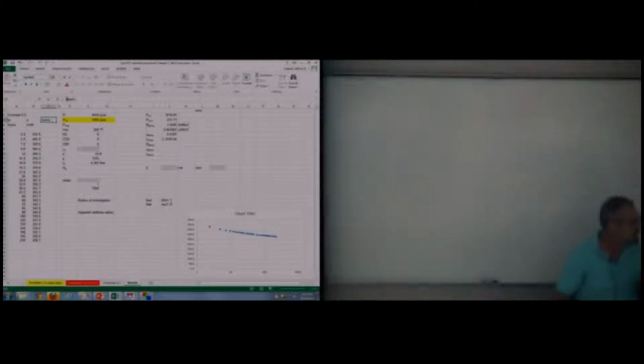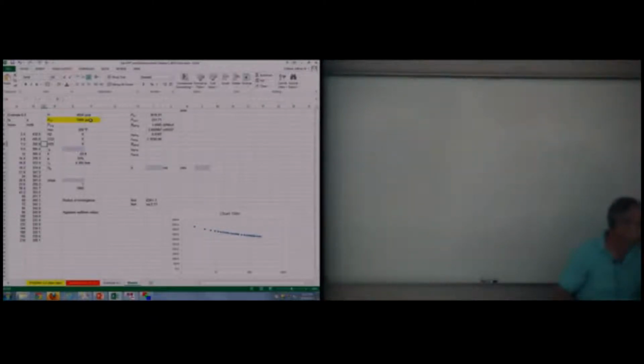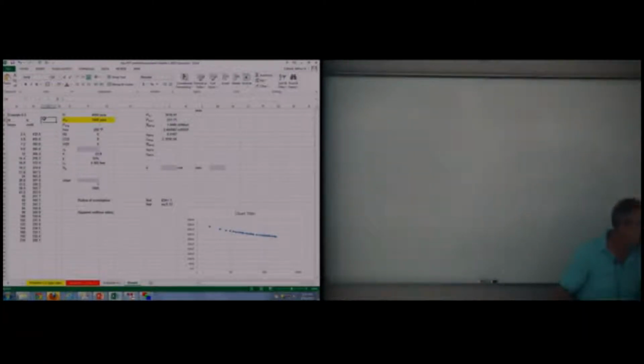Delta PA, I want a capital P. It was delta P apparent divided by Q. Equals.